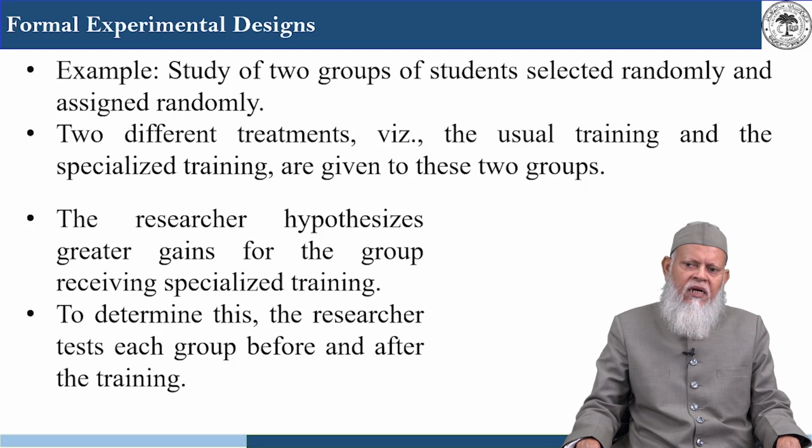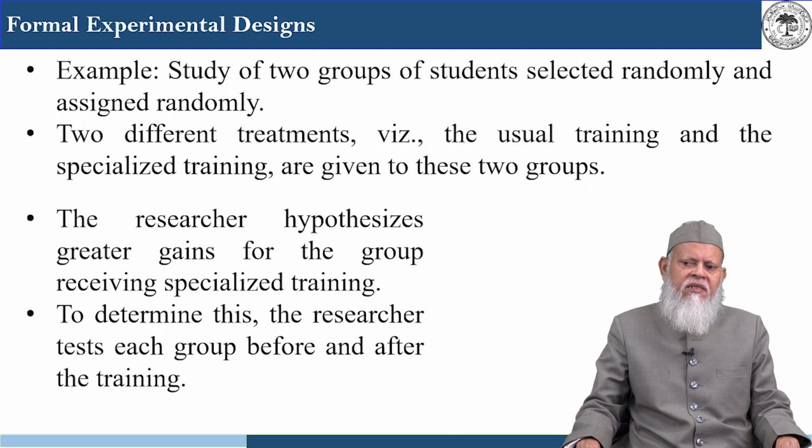And this allotment of sample elements, or members of the sample who are patients now, or items, is done on a purely random basis, because any of the members or elements of the sample can have an equal opportunity to be assigned to either of the two groups.